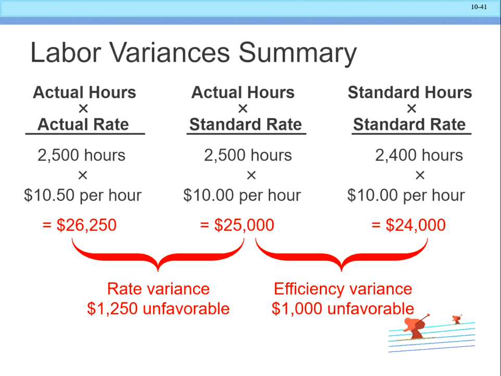So it's 2,500 hours times $10.50, which is simply taking the 26,250 divided by 2,500. In many cases, you don't have to get the per hour rate or per unit rate if you are looking at the actual side, because you just get the total there.